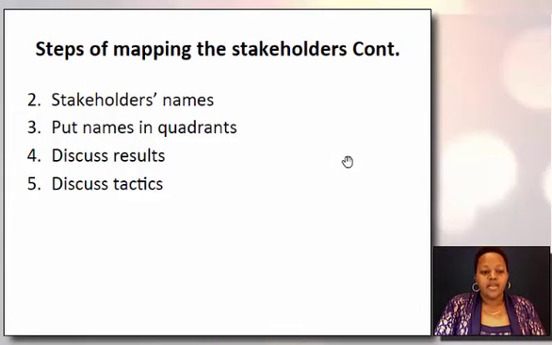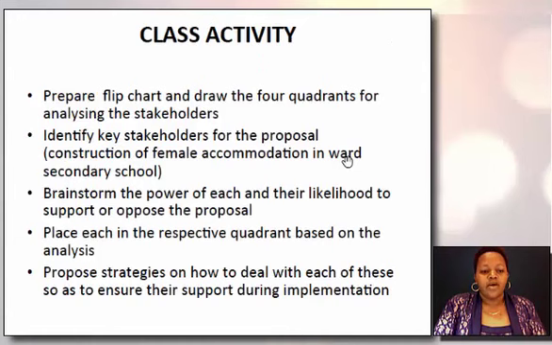And now, after watching this video, we'll have a class activity. This is the assignment which will be discussed in the class. The students will be required to prepare a flip chart and draw the four quadrants for analyzing the stakeholders for our particular policy, which is constructing female accommodation in a ward secondary school.